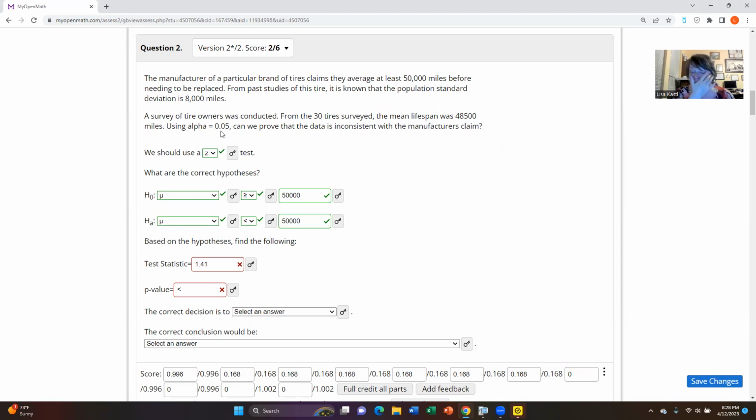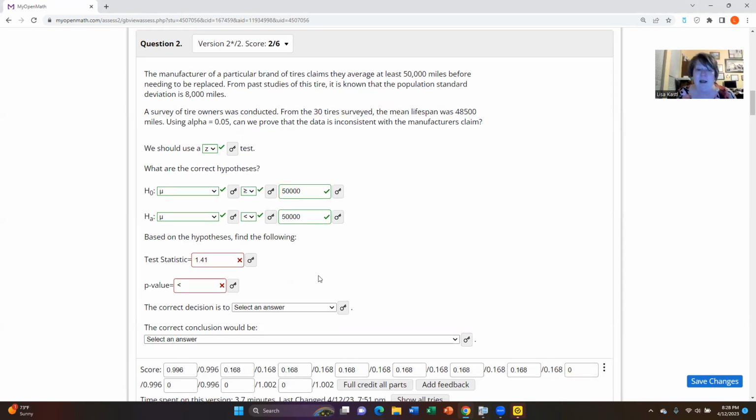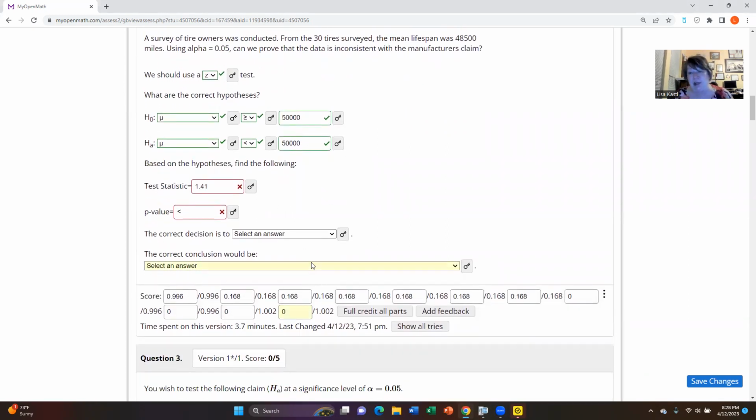As a matter of fact, the larger the p-value is, the more confident we are in the decision we make. And the decision we're going to make is we're going to fail to reject the null hypothesis. And the mnemonic is, if the p is high, the null must fly.